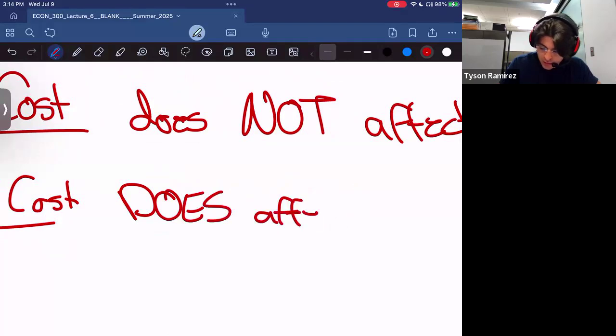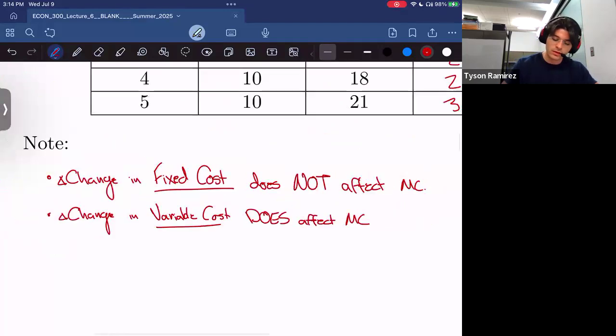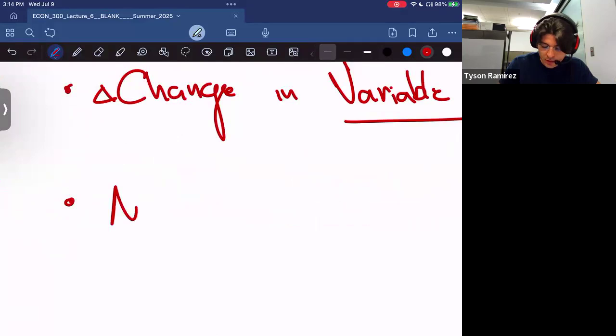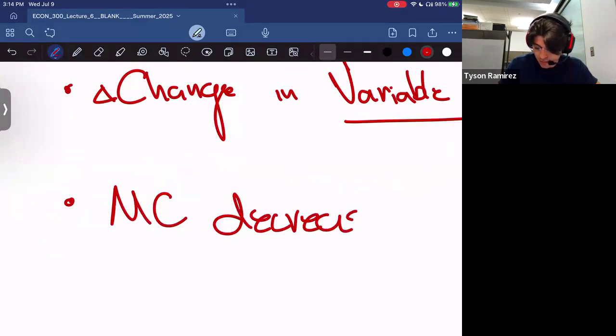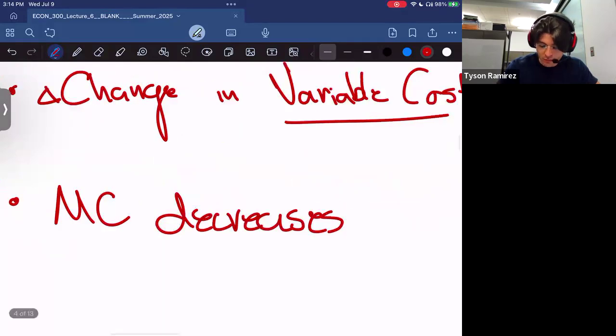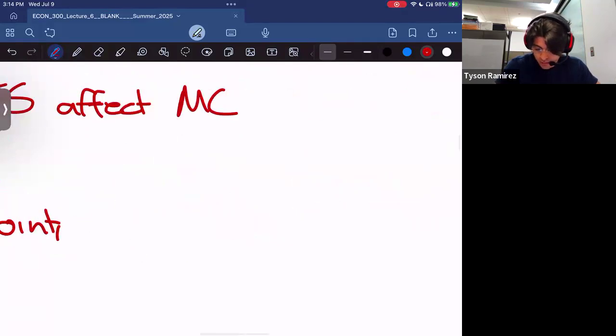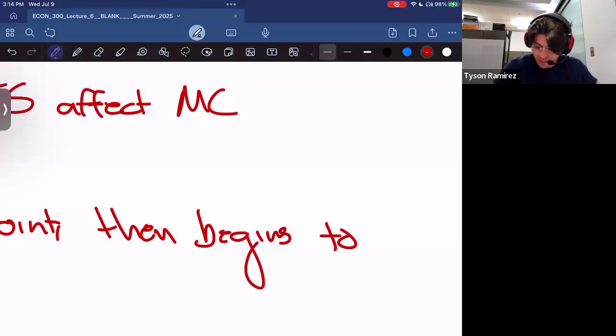Does affect marginal costs. All right. And then we saw that MC decreases up to a point, then begins to increase.